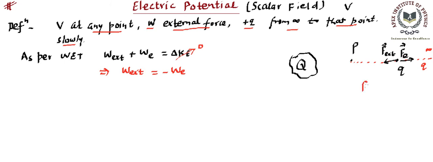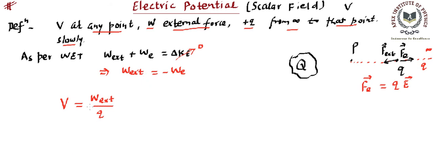This force will be Q times E, because Q is the charge that we are moving and E is the field because of this charge distribution, which is capital Q. We need to find the work done by this force and put a minus sign, so that it becomes the work done by the external agency. As per the definition, if V is the potential at point P, it is the work done by the external agency per unit charge, so that's divided by Q.